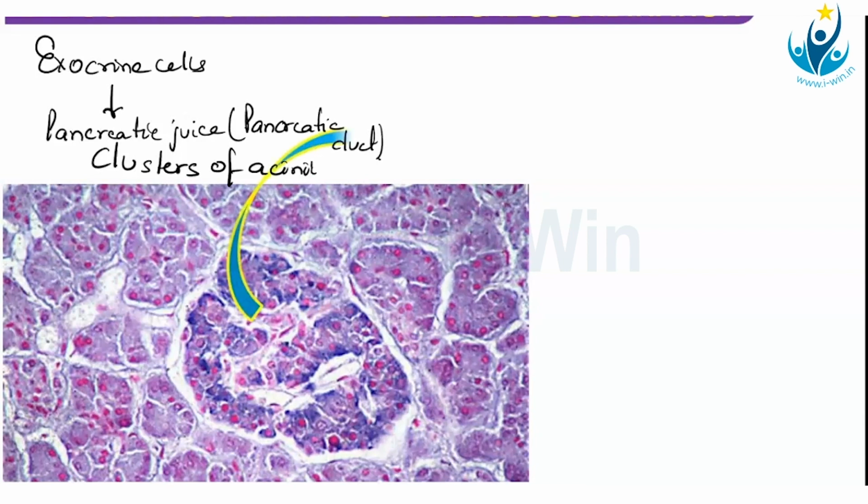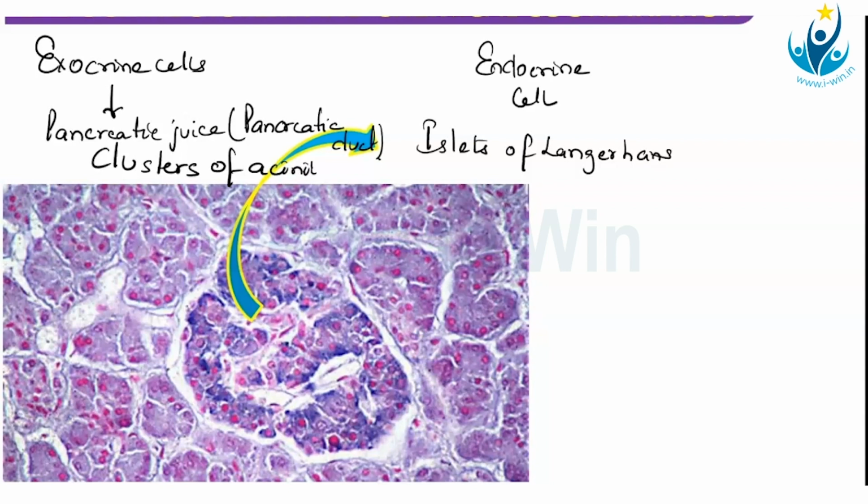Whereas the other type of cells seen here are called the islets of Langerhans. Now these are the cells which are endocrine in nature. These are the endocrine cells of the pancreas.